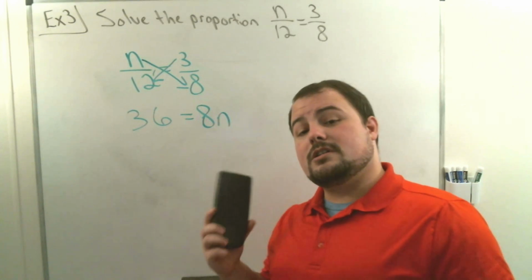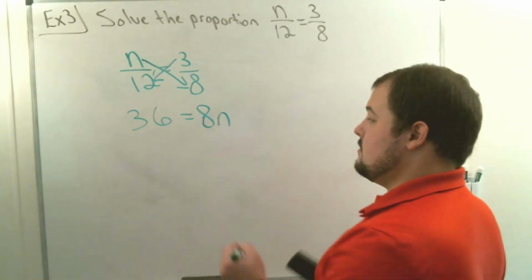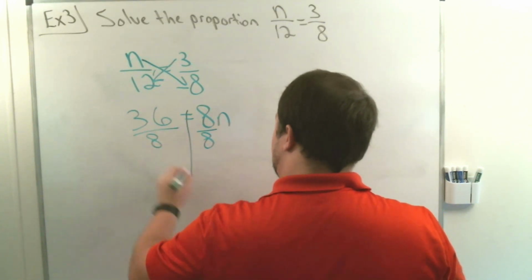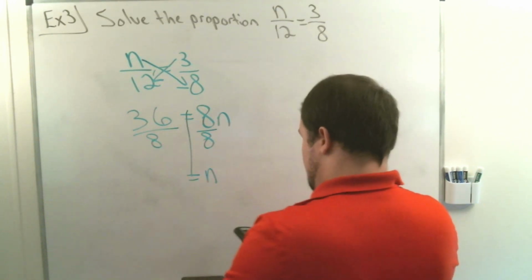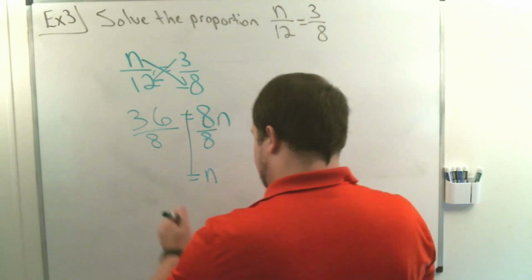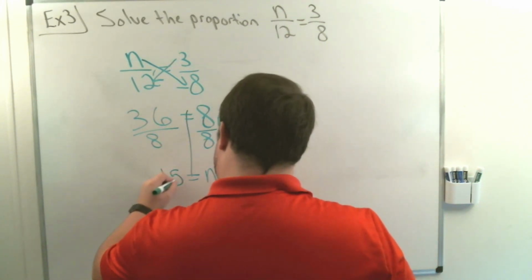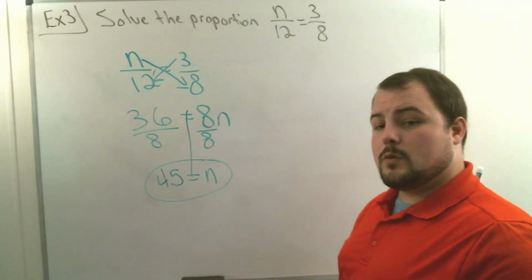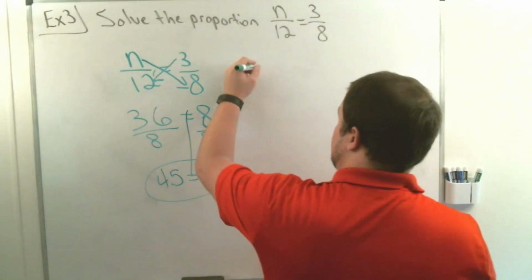Now all I have to do is divide by 8 to solve for n. So I'm going to draw a line through my equal sign. Divide by 8, divide by 8. And I get n equals 36 divided by 8, which is 4.5. So I have 4.5 over 12 is going to equal 3/8.